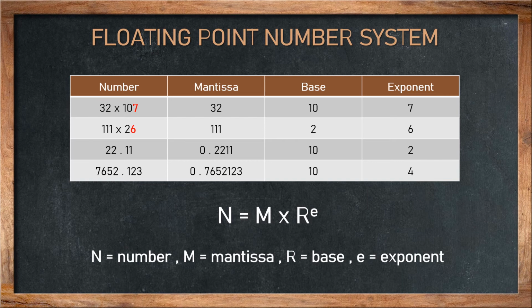So first I need to convert this 22.11 into the standard or scientific notation. After that I will get 0.2211 as my mantissa, then 10 becomes my base and 2 becomes the power, right? And the same with the next number, that is 7652.123.